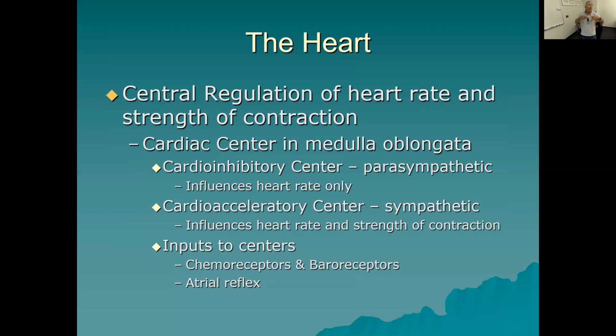Chemoreceptors in the aorta and the carotid bodies up here, and baroreceptors in those places also. And an atrial reflex: cardiac muscle is like smooth muscle in the sense that the more you stretch it, the greater the resulting contraction. And we're going to look at other sensor inputs later on.